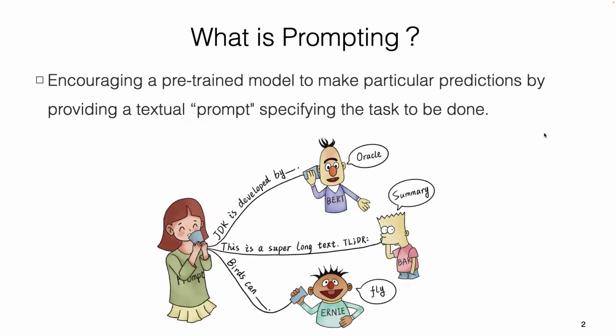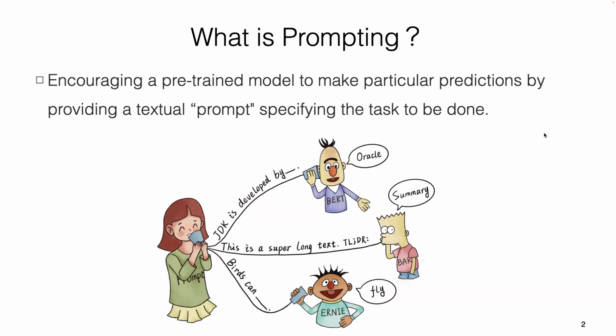Okay, so what is prompting? One way to describe it is that prompting encourages a model, which could be pre-trained or fine-tuned, to make particular decisions. The way that you do that is to provide a textual prompt, which somehow specifies the task to be done.